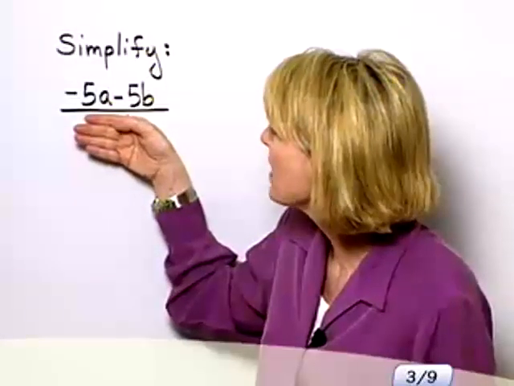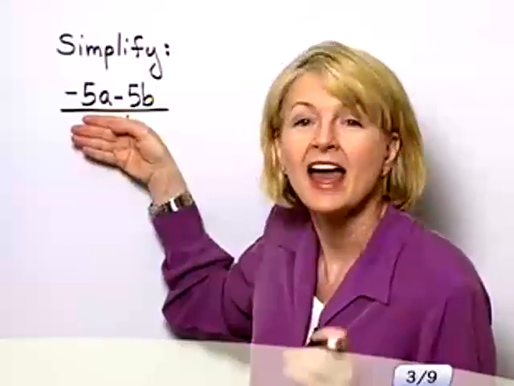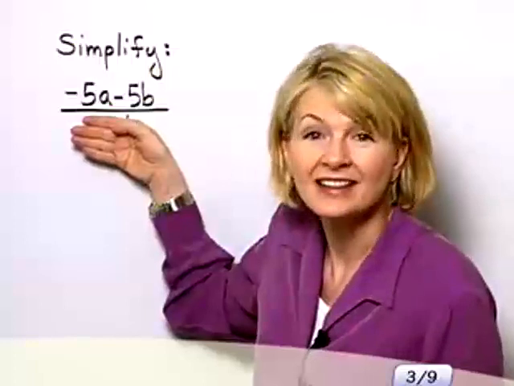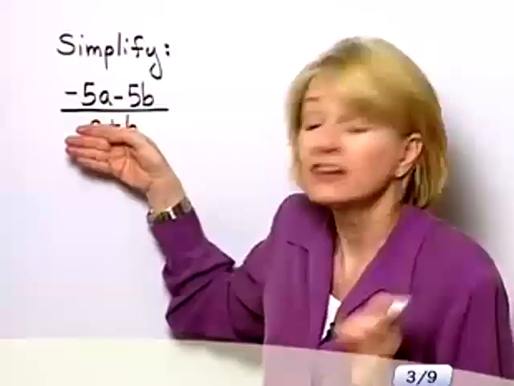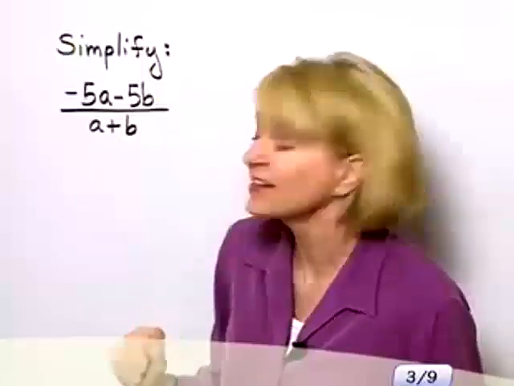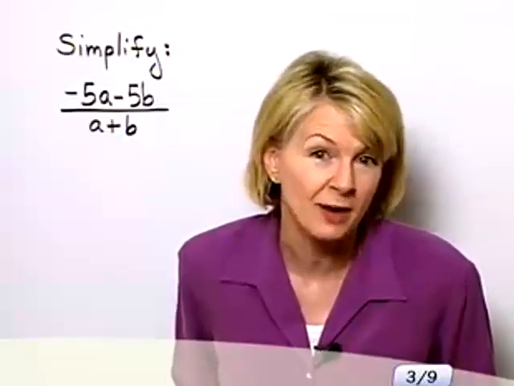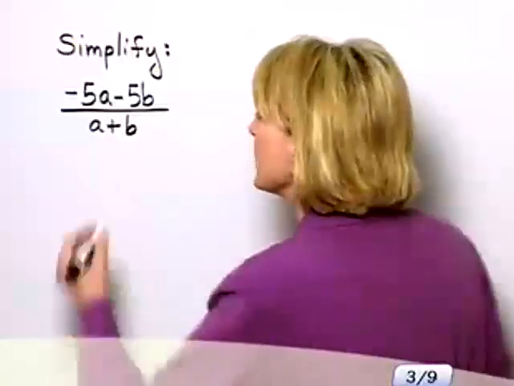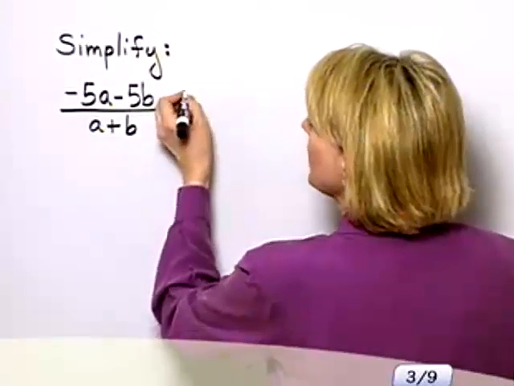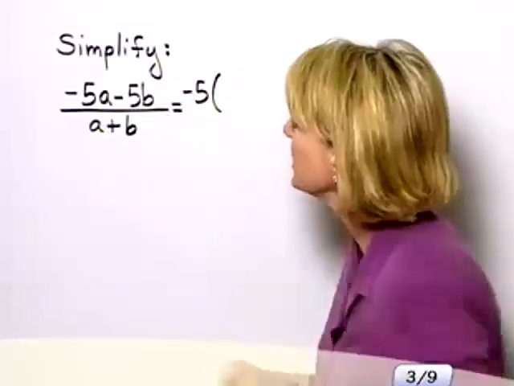Notice there's a common factor of 5, and in fact, I'm going to factor out a -5 because if I do so, I know I'll have an a plus b left, which will be the same as the factor in the denominator. So I will begin by factoring the numerator, and I will factor out a common factor of -5.